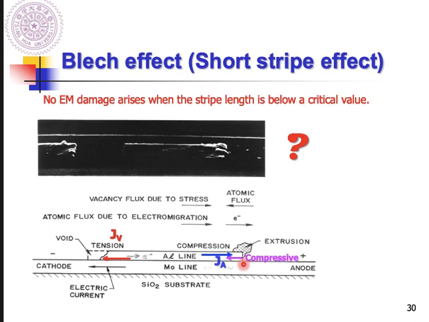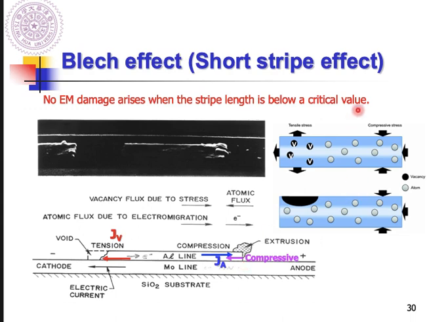Does that imply that there is another driving force trying to counterbalance this EM damage? Yes. This is what we call a stress field in these materials. It is due to more atoms accumulating at the anode side and leaving more vacancies here. Locally, if you take a look at this region, you can observe a compressive region.